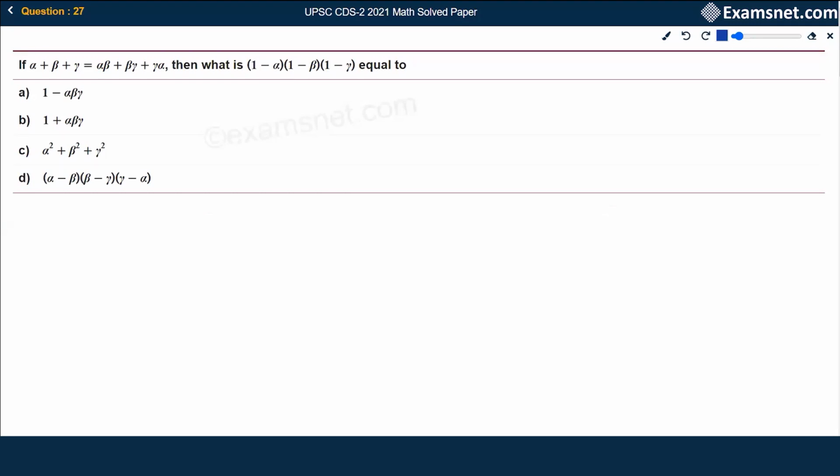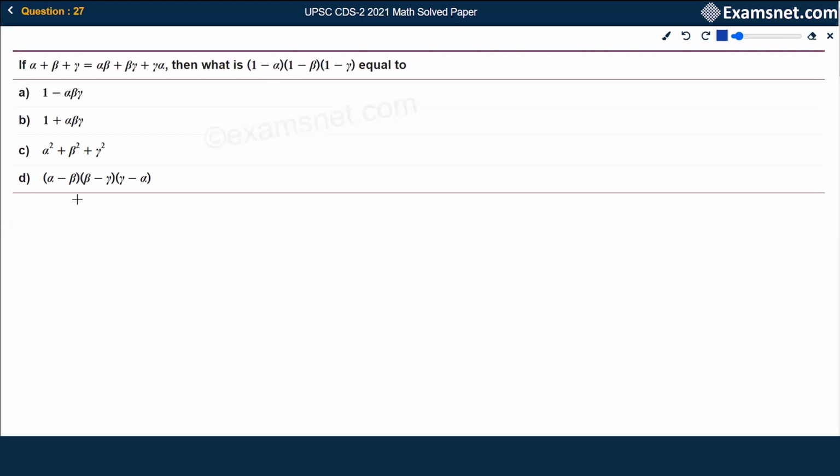In question number 27, it is given that alpha plus beta plus gamma equals the sum of the products alpha beta, beta gamma and gamma alpha. Then what is the value of 1 minus alpha multiplied by 1 minus beta multiplied by 1 minus gamma?